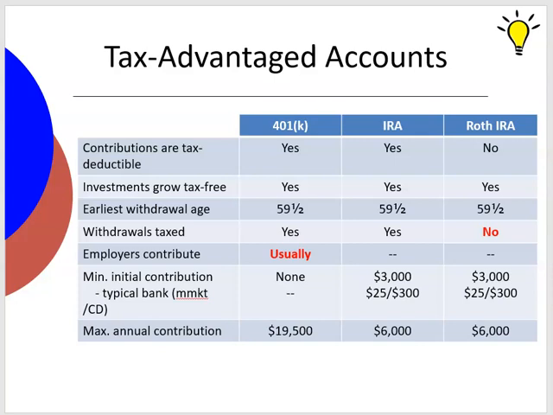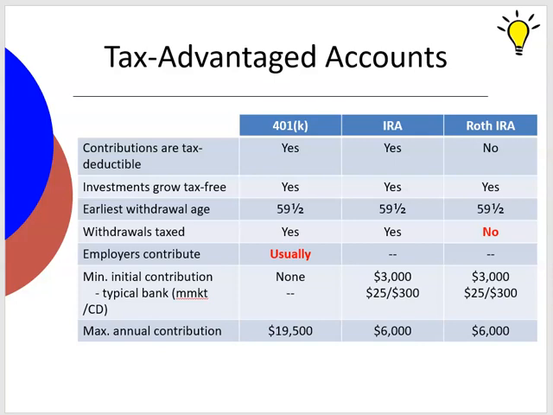Here's the thing about the 401k. Employers contribute to 401ks. Employers used to have pensions. And except for the government, most businesses do not have pensions. They offer a 401k and they put money in. You've got to get that money. Well, that's free money coming your way. Now, what's not on this chart is something that's even better. Not only do employers contribute, but many employers provide a match.